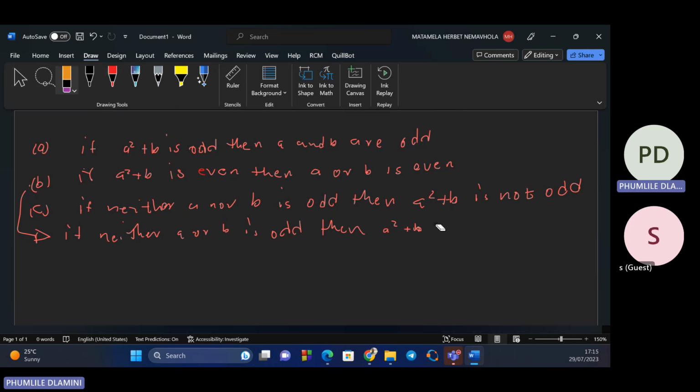It's the same thing. When we say it's not odd, obviously it means it's going to be even. So that's number B. You can write it this way or that way. They are the same.